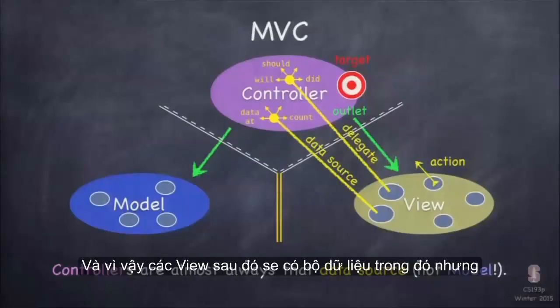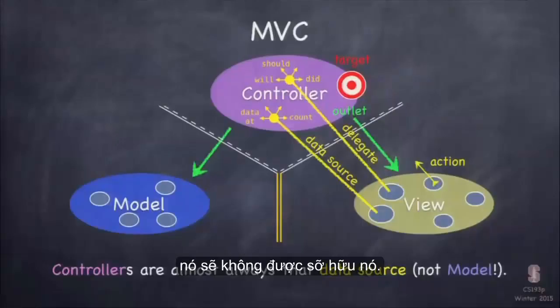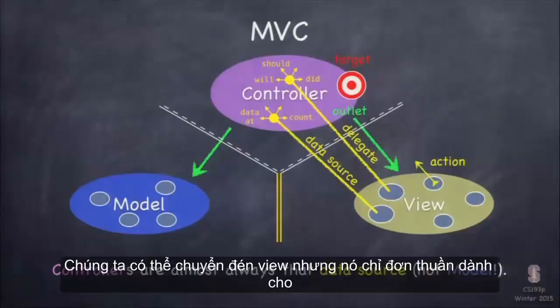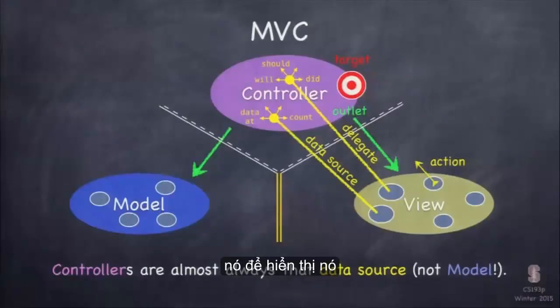We are going to set those properties. And so the view then would have that data set in it, but it wouldn't be owning it, right? The model would still be owning the suit and rank. The view is just getting that data to present it. Okay, so simple data we might transfer to the view, but it's merely for it to display it.